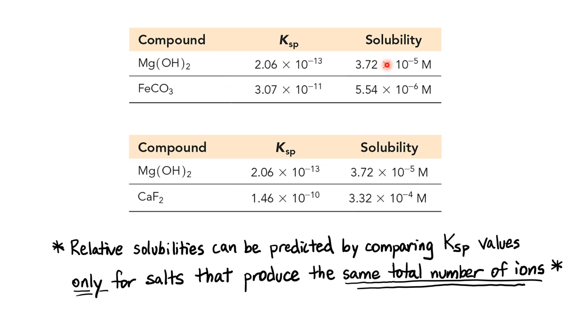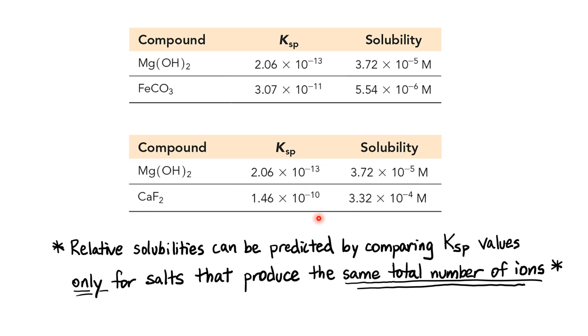You have to look at the X in your ice table, the molar solubility value, to determine which one's more soluble. But when they produce the same number of ions, in this case, when you're comparing these two, these both produce 3 ions for every 1 mole of the ionic compound. And if they produce the same number of ions, in that case, you can compare their KSPs.